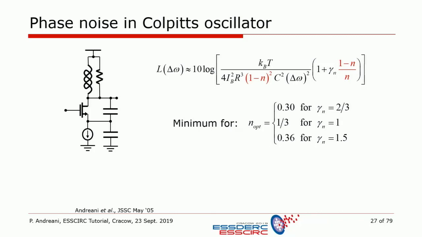So in this case, we have selected the Colpitts, so we have this extra factor (1 minus n) divided by n, and this also gives us the possibility of calculating the value of n, which gives us the optimal value for minimizing the phase noise, and you can see it here.